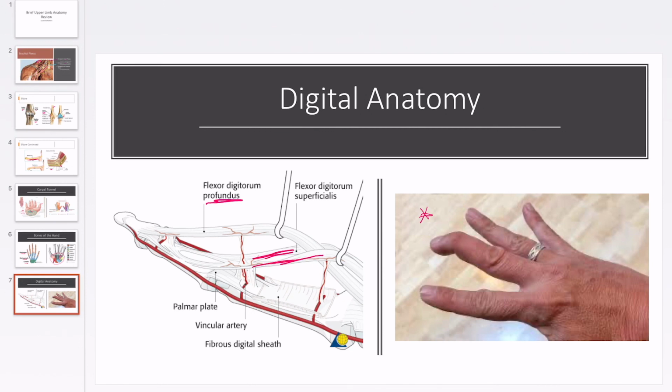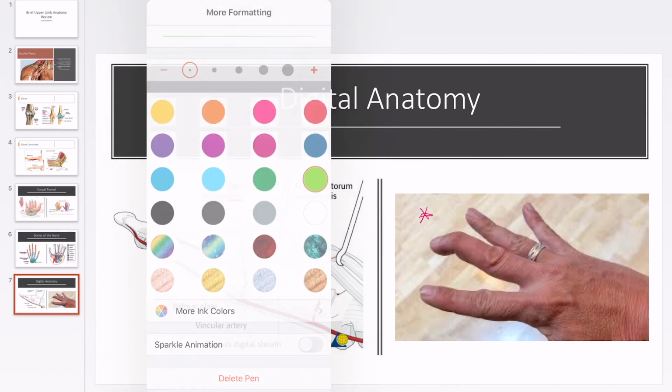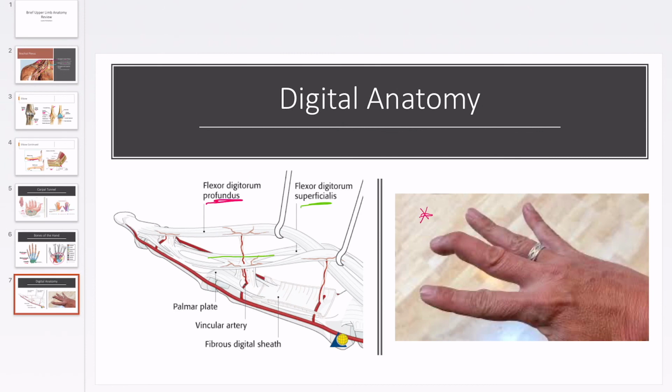Let me use some better colors. So our superficialis goes around like this, but it leaves a hole for the profundus there. So this helps the finger movement. This woven pattern allows the finger to flex and extend properly.